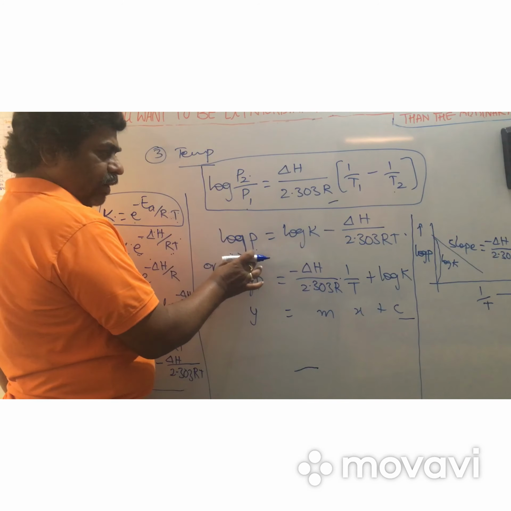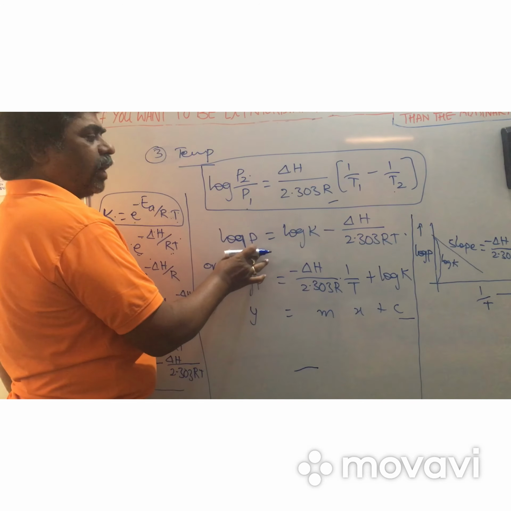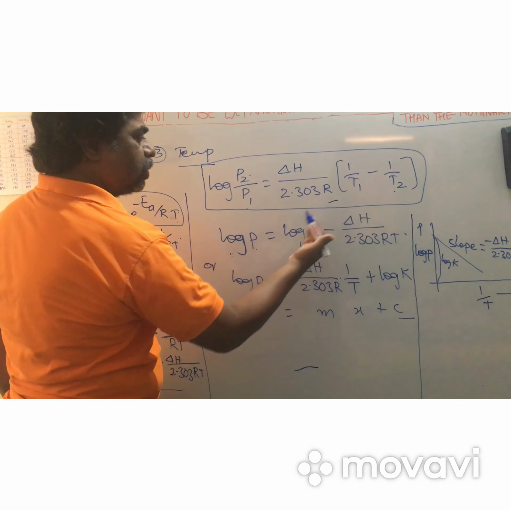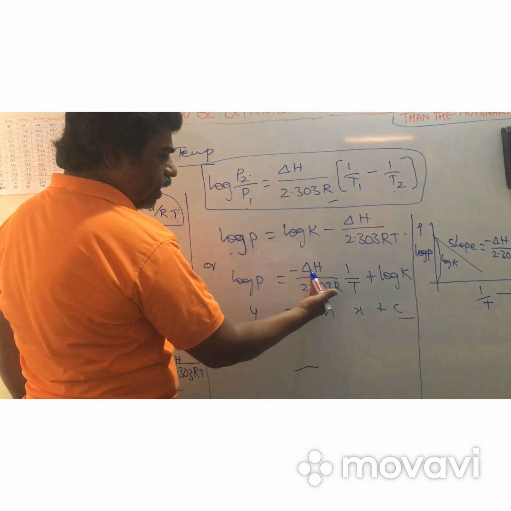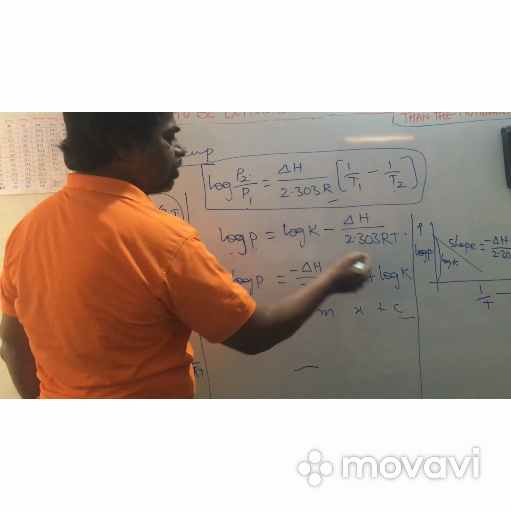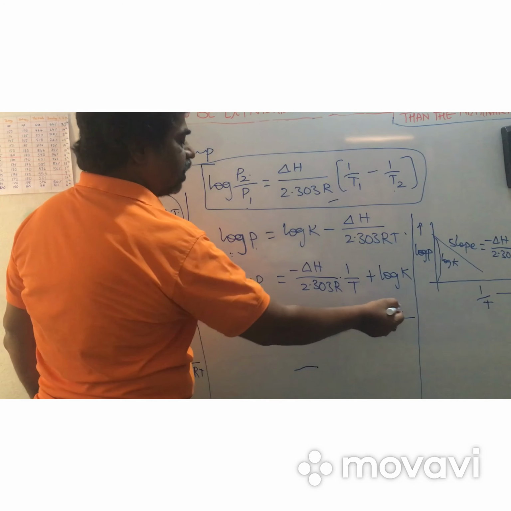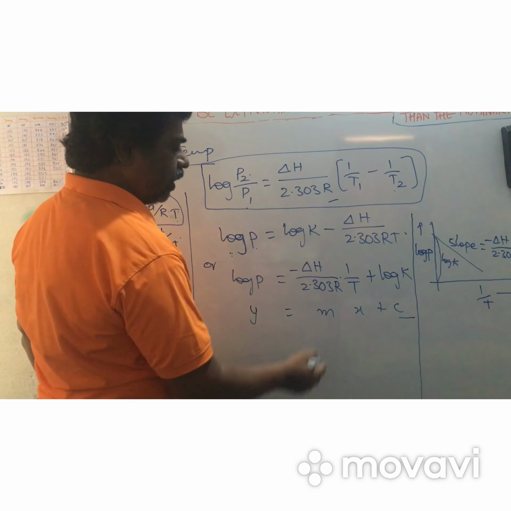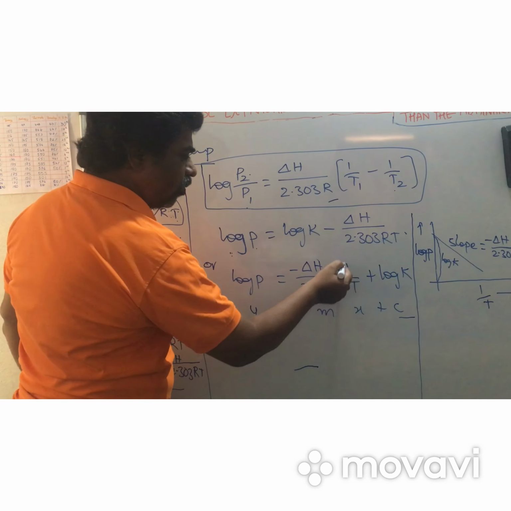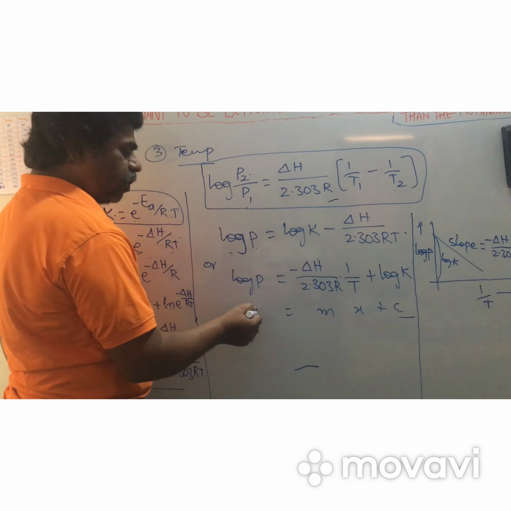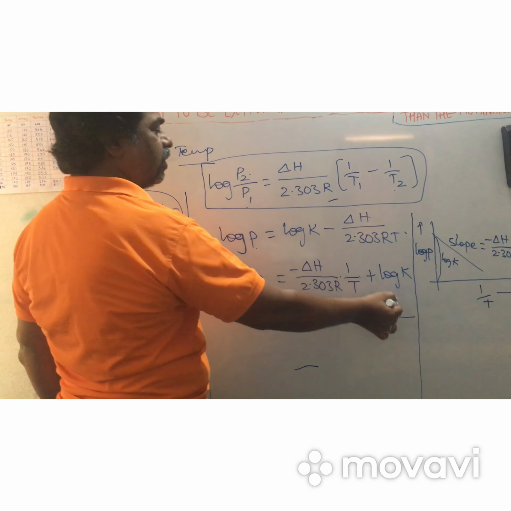In this equation, delta H by 2.303 R is the slope, 1 by T is the x coordinate, log P is the y coordinate, and the constant is the y-intercept, as in y equals mx plus c.